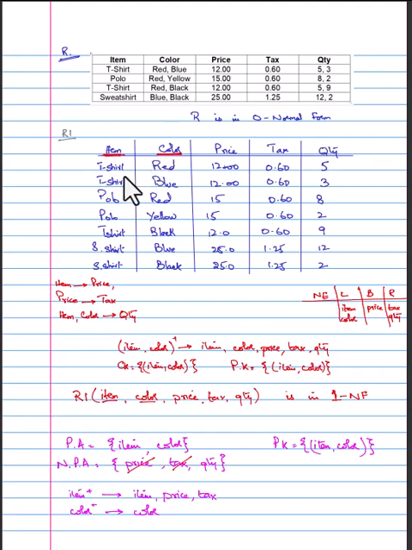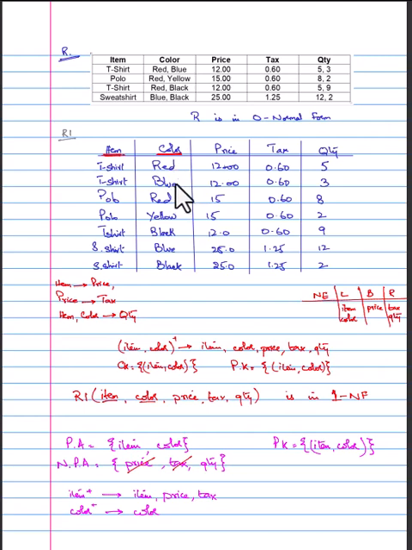How? For example, if we take only item t-shirt, the quantity is 5, but in the blue color case, the quantity is 3. So this means item individually is not enough to identify the quantity. It also depends on color.